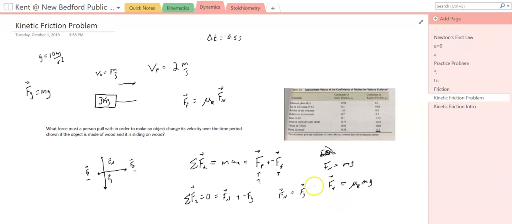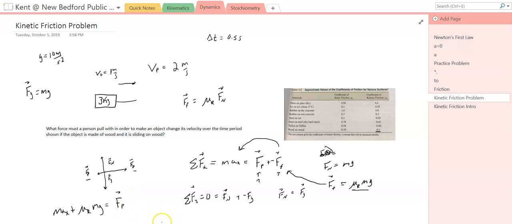And we can plug that in now. So we can find the force required to pull it. It's simply the mass times acceleration in the x direction, plus, moving it over, the friction force, which I'm going to plug in as mu k mg. That is equal to the force required to pull it.